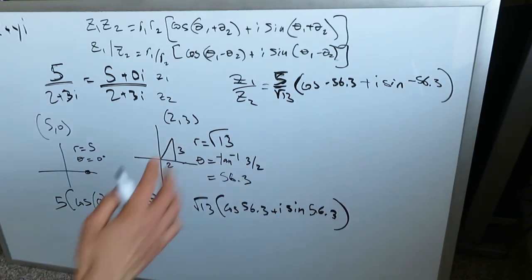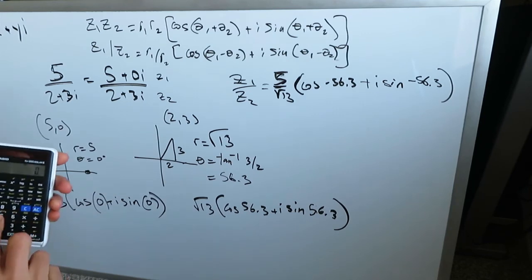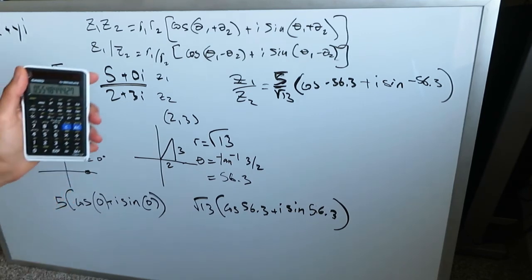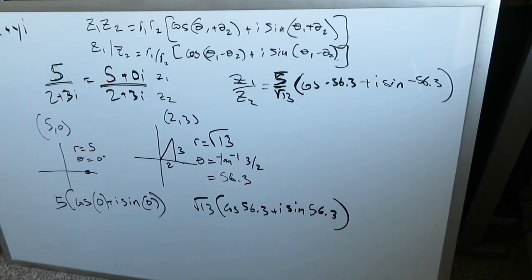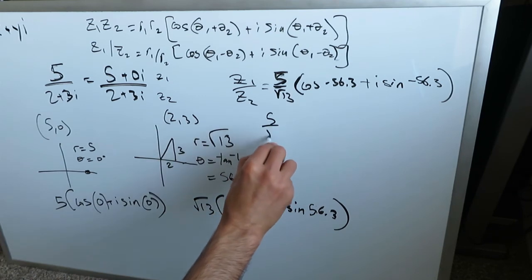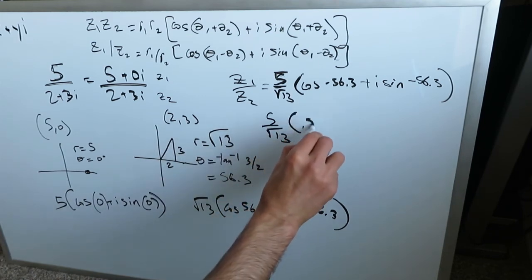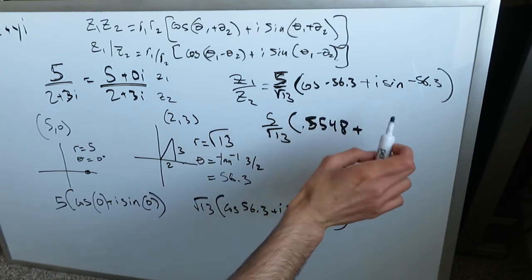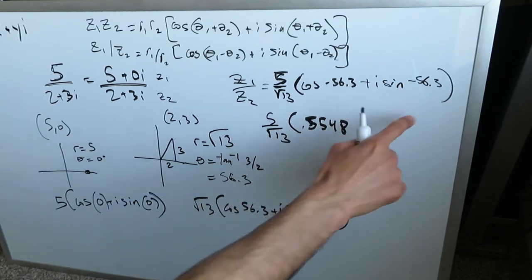Now all you have to do is carry it out. What's cosine of minus 56.3? It will be the same thing as cosine of positive 56.3, which is 0.5548. So we have 5 over root 13. Let's see what we get for the sine. I think we're going to get a minus because these are fourth quadrant angles.